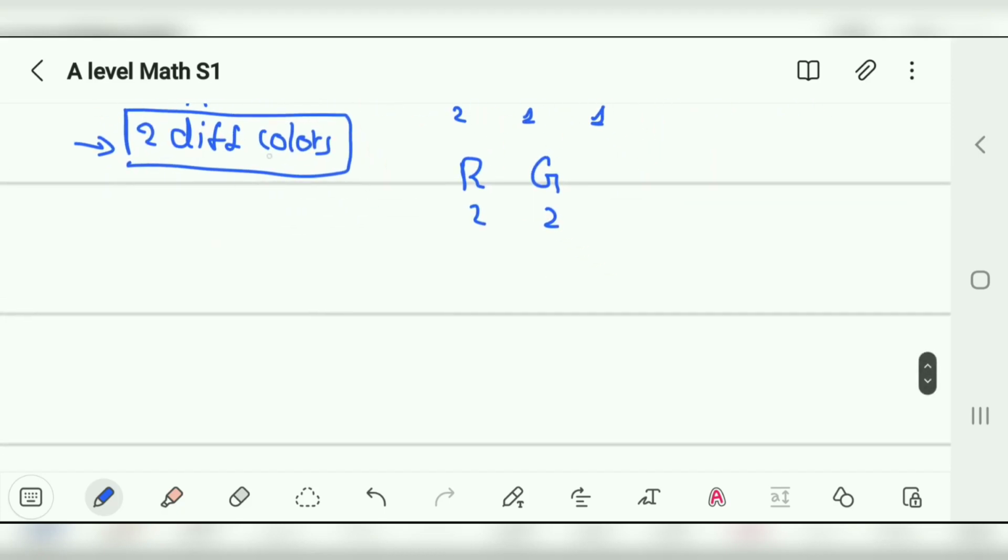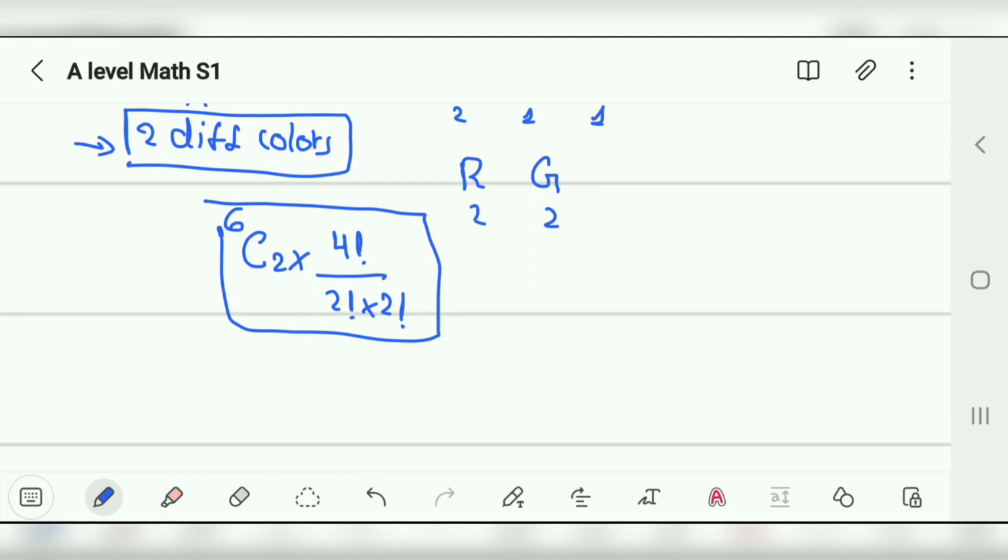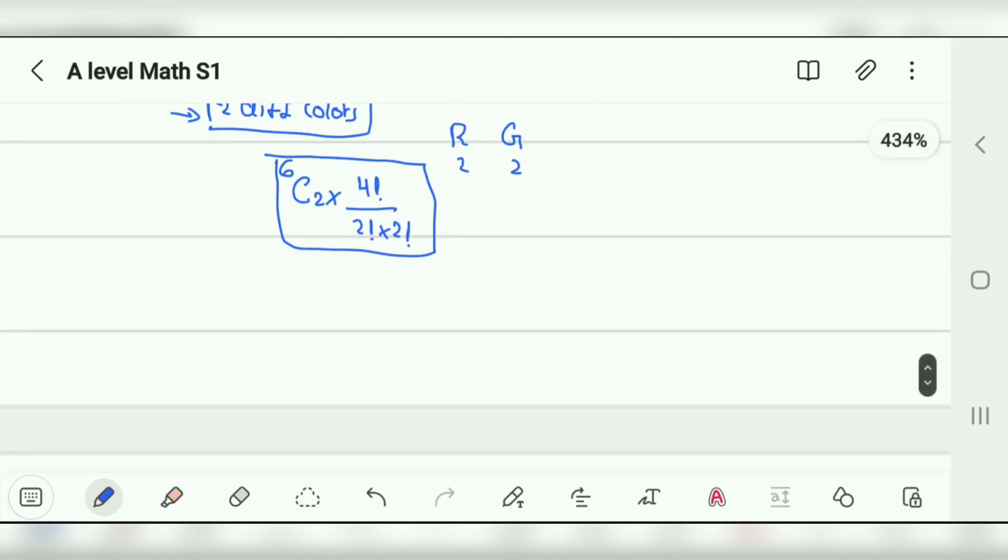So in here, making a selection of 2 different colors, so 6C2, multiplied by, and after selecting it, we're going to do some arrangement. So it's going to be 4 factorial upon 2 factorial multiplied by 2 factorial. So this is the answer for this one. And then we're going to add all of them.